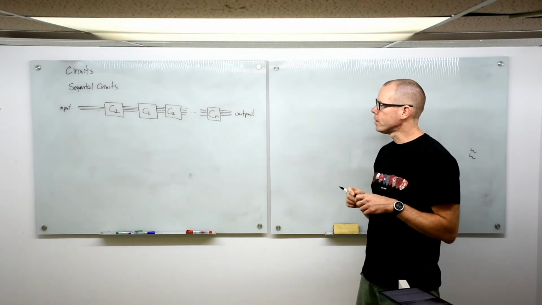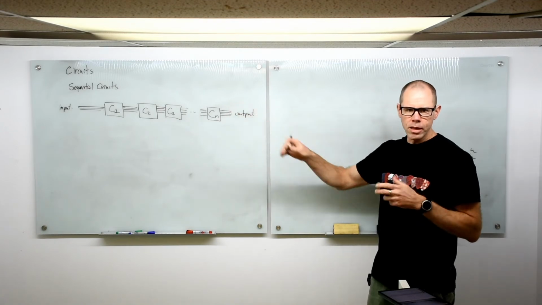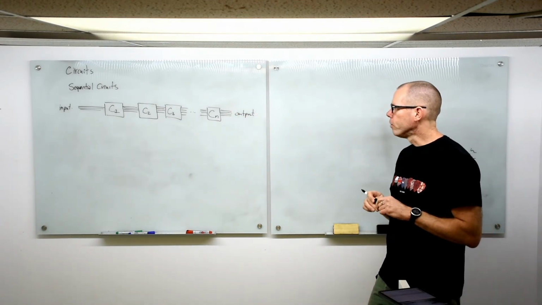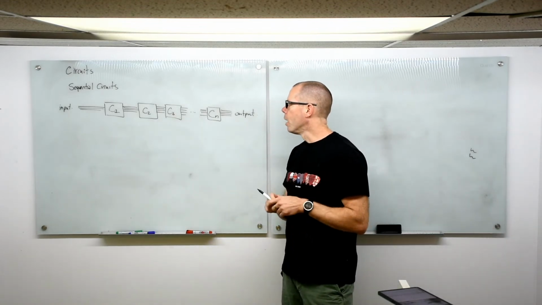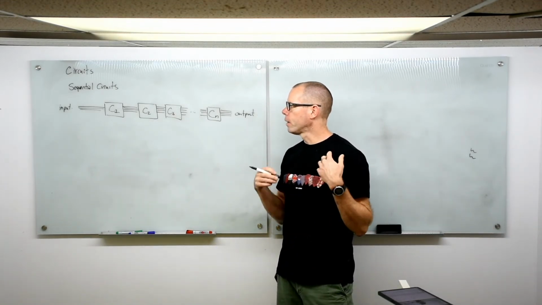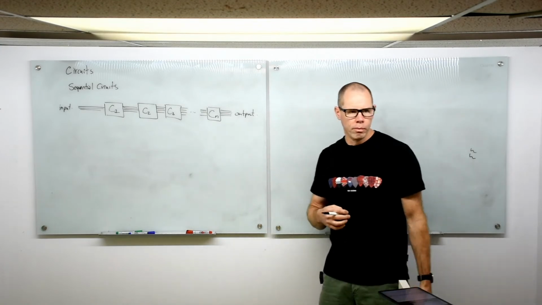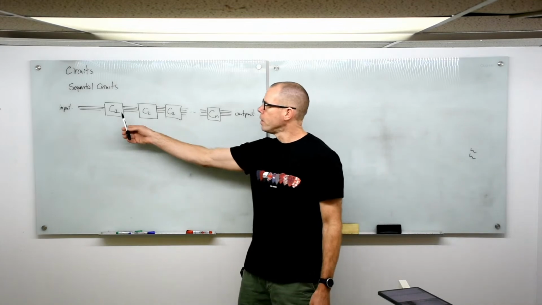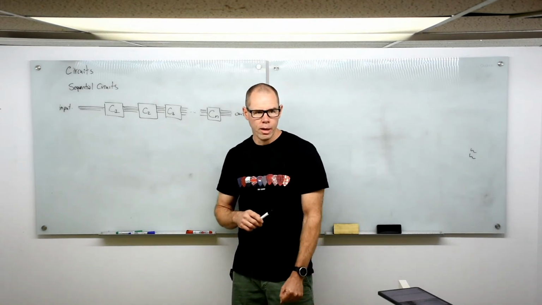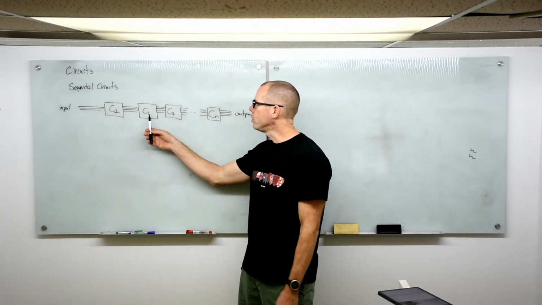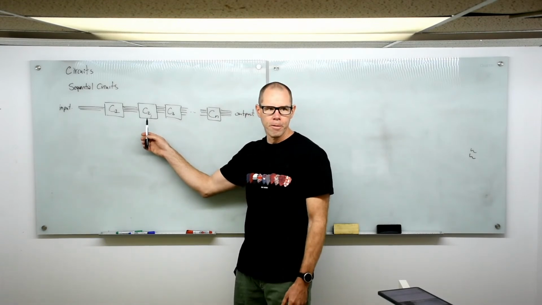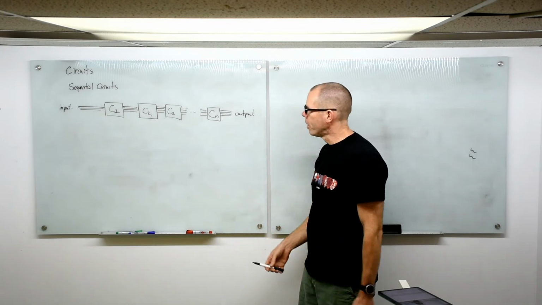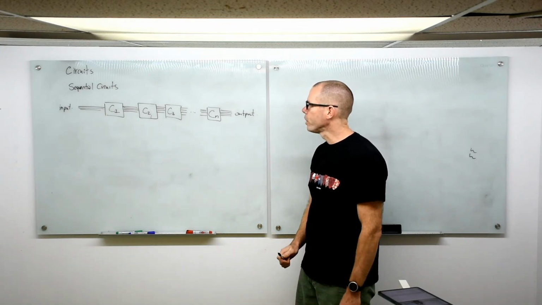One way to view this is as circuits, but you can also think of this as something in a real factory where people make things, and this C1 is actually a person who is maybe a welder, and then C2 is somebody who does grinding, and C3 is somebody who does another part of this manufacturing process.